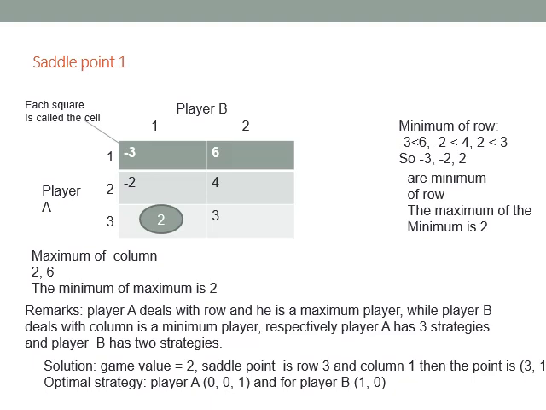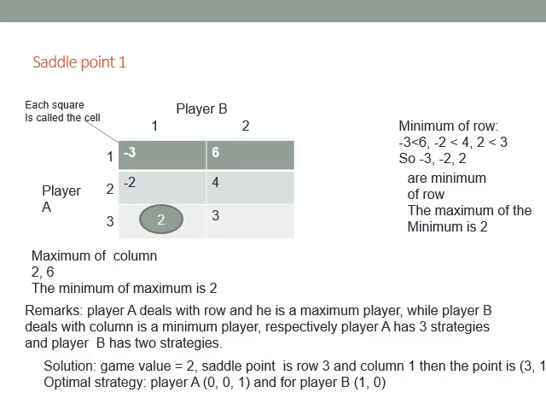This is the maximum of column. So the maximums of columns are 2 values, 2 and 6. Now we are going to select the minimum of those maximums. Between 2 and 6, the minimum is 2.